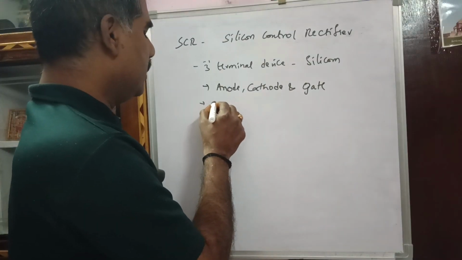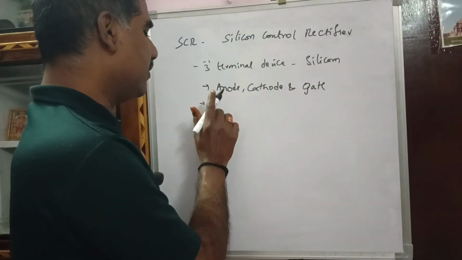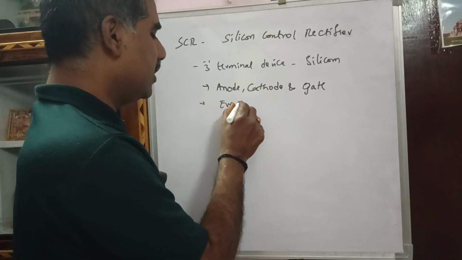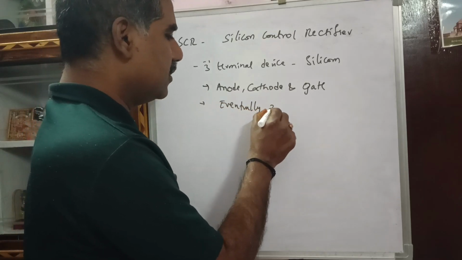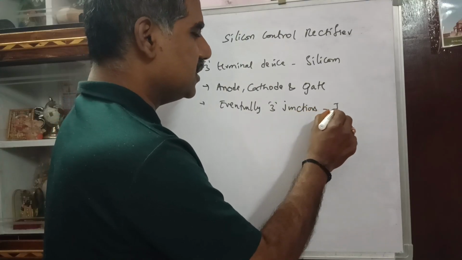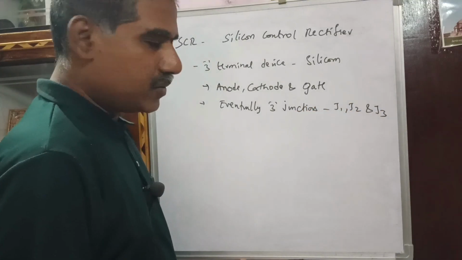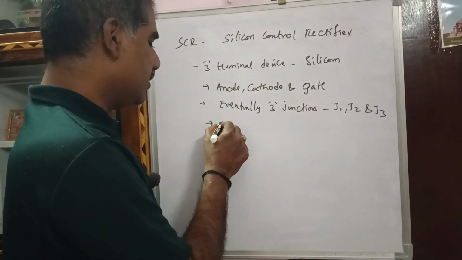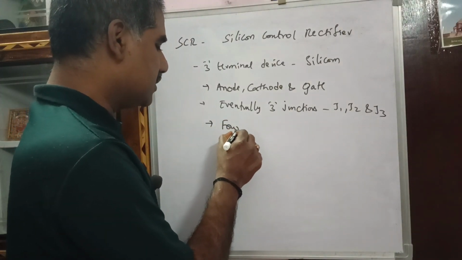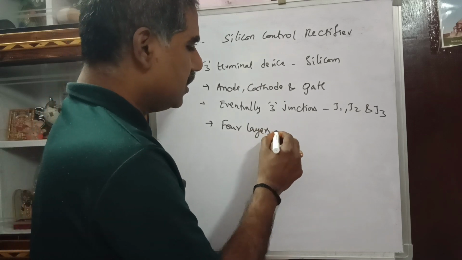It mainly has three junctions, known as J1, J2, and J3. Four layers are used to construct the silicon of the SCR.